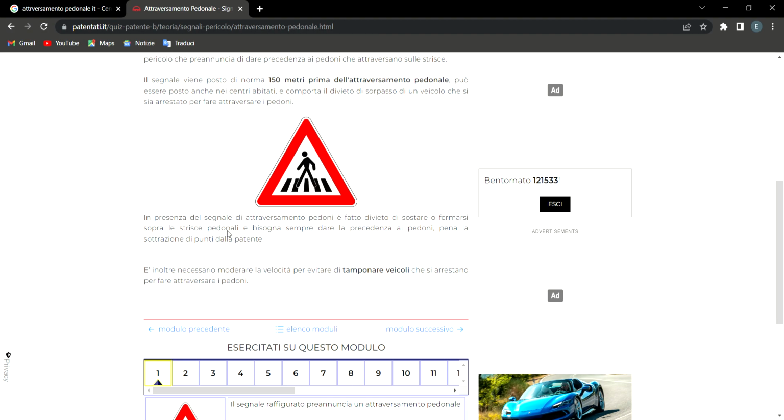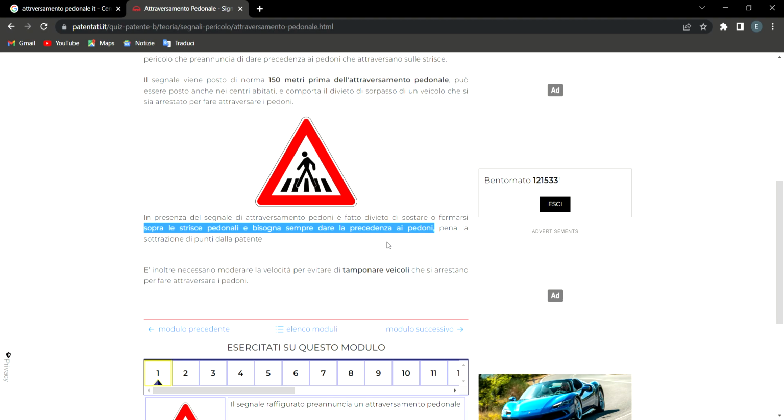Sopra la striscia pedoni. Sopra le strisce pedoni. E bisogna sempre dare precedenza a pedoni. So it's simply saying that you don't need to park on top of that road where the zebra line is located.